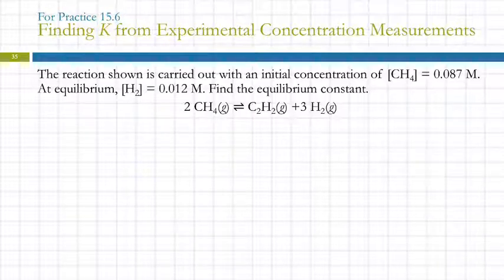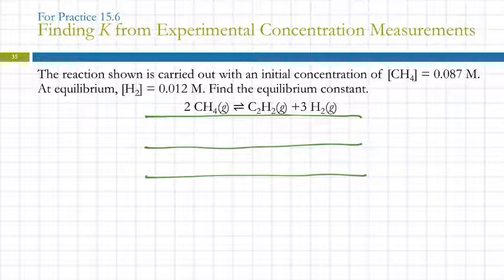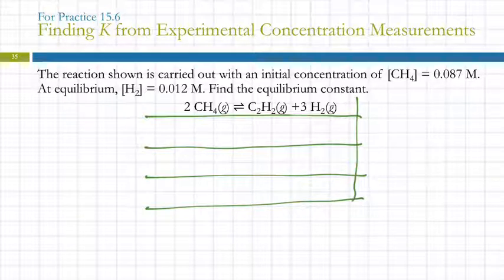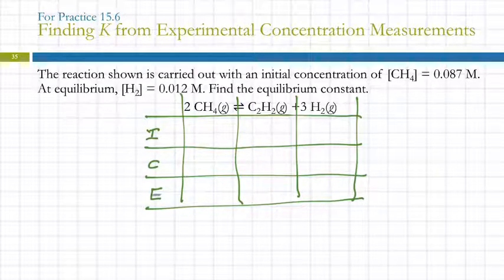The reaction shown is carried out with an initial concentration of CH4 of 0.087. At equilibrium, H2 is 0.012. Find the equilibrium constant. So again, we're going to make an ICE table: initial, change, equilibrium.